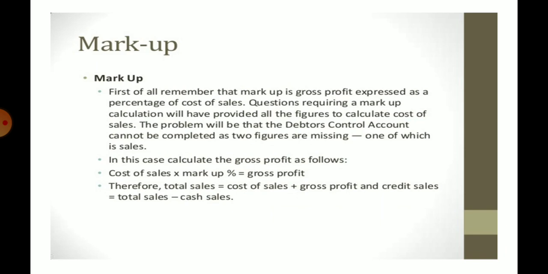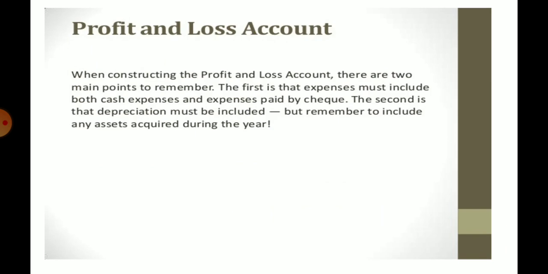In this case, the calculation of gross profit is as follows: cost of sales into markup percentage is equal to the gross profit. Therefore, total sales is equal to cost of sales plus gross profit, and credit sales is equal to total sales less cash sales.